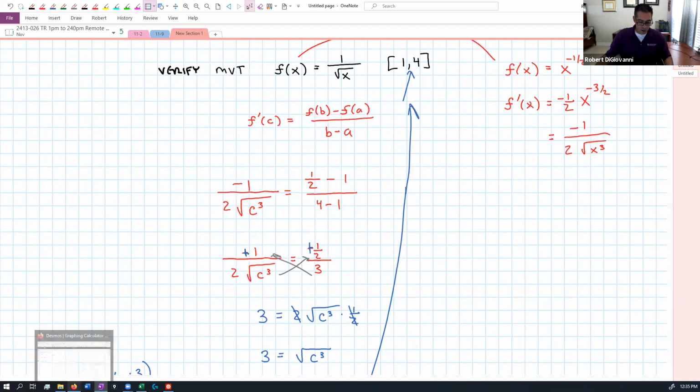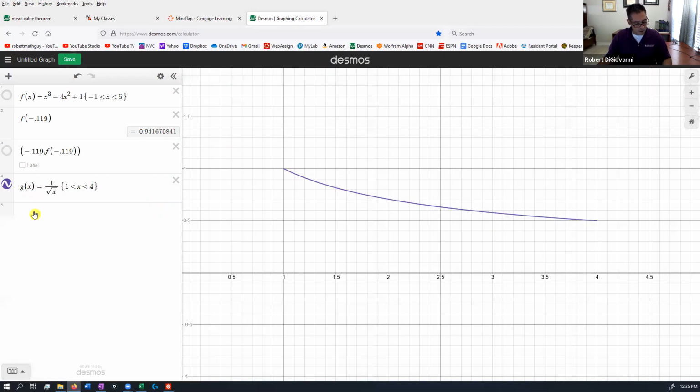Going back to the picture, if I go out to 2.08 comma g of 2.08, that's the point. And if I do the tangent line, you know what, I can actually do the tangent line if you'll bear with me.